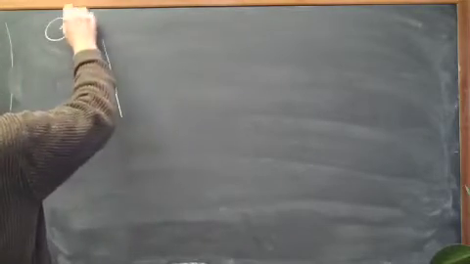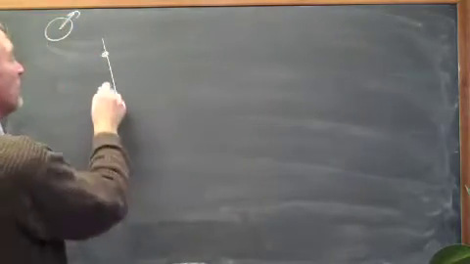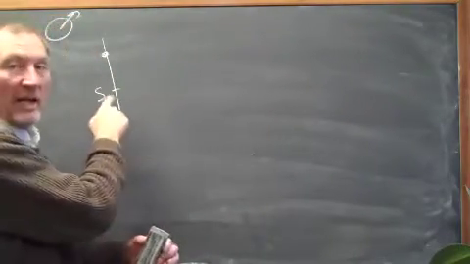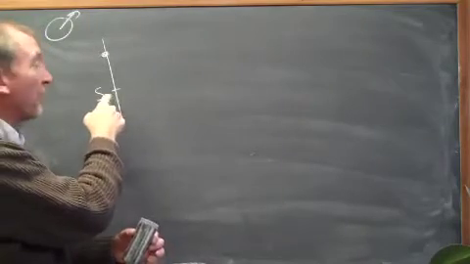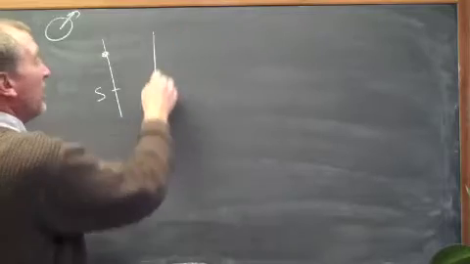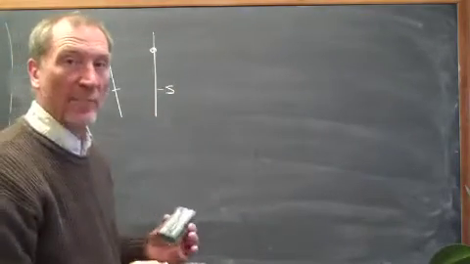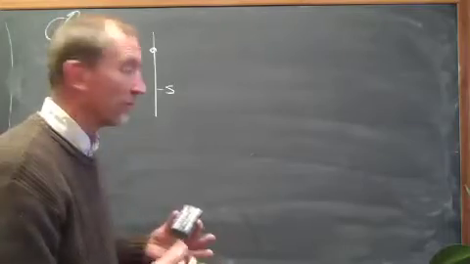So if this is, let's say, the male parent, just arbitrarily, one of the homologs is going to carry the big S allele at the locus for seed smoothness, and the other homolog is going to have that same capital S allele.